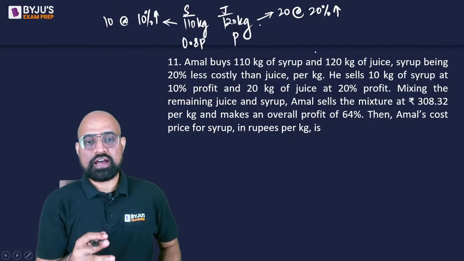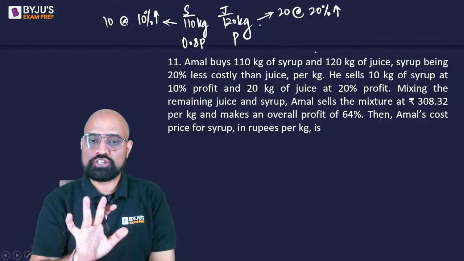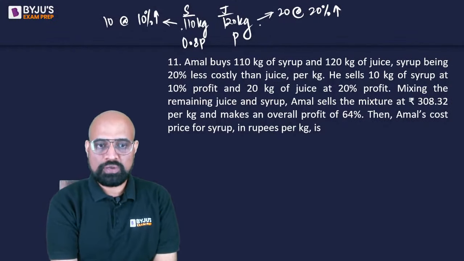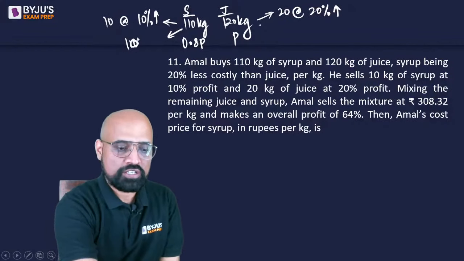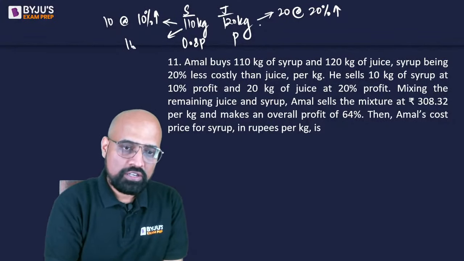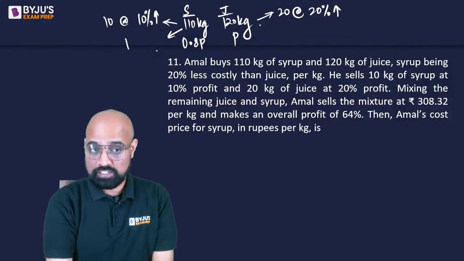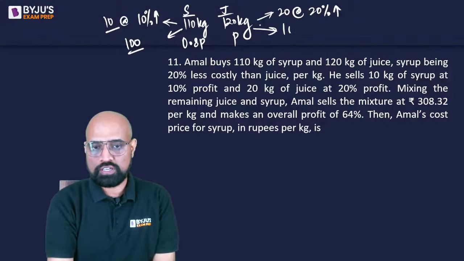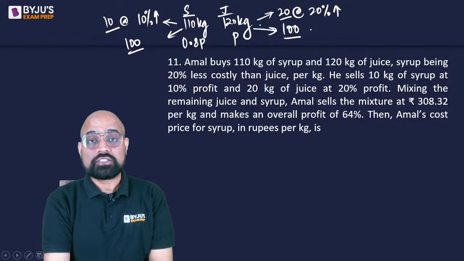Now, if I really want to make the calculation easier, it says he mixes the remaining. Remaining means, sorry, not 110, 100 is left, since 10 went out of 110. So if I want the calculation to be easier, I'm not going to take the actual values, I'm going to take the ratio of the weights.